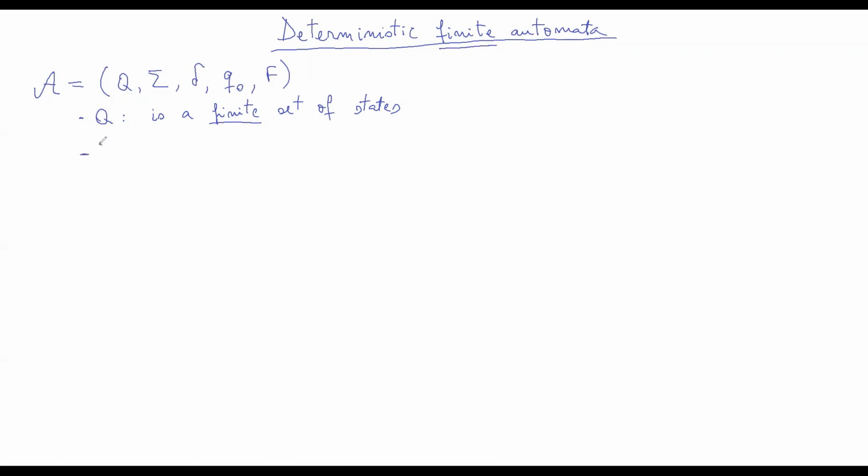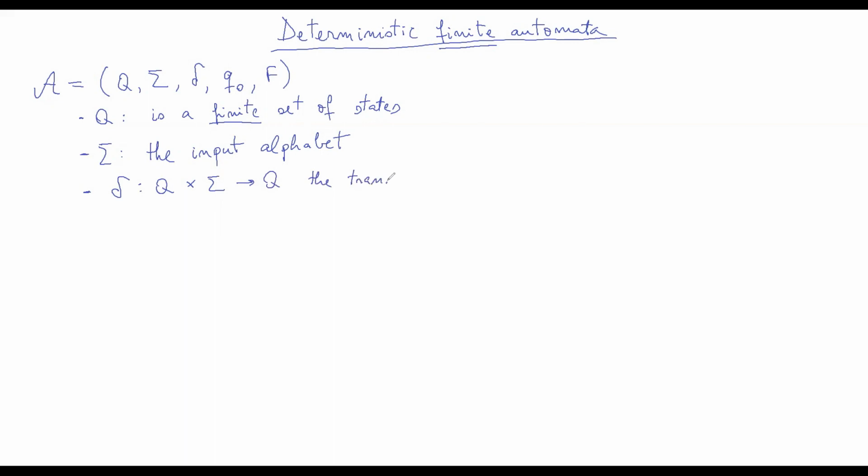And then you have sigma. This is the input alphabet, meaning that this automaton will have in its input words over alphabet sigma. Delta is a function from Q times sigma to Q, and this is called the transition function.